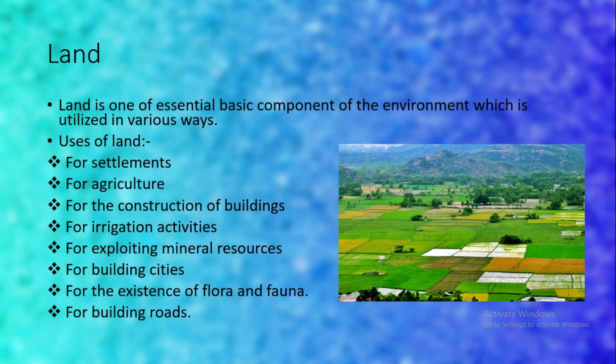Out of the basic components, let's learn about the land first. Land is a very important natural resource in our surrounding. It is utilized in various ways. What are the uses of the land?